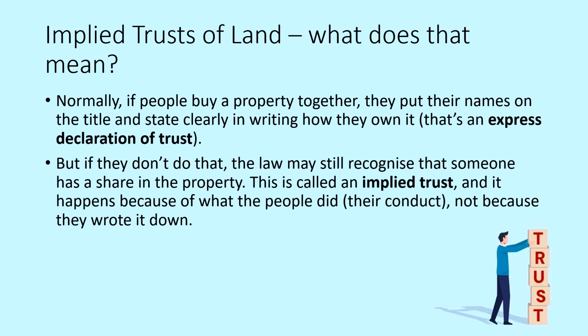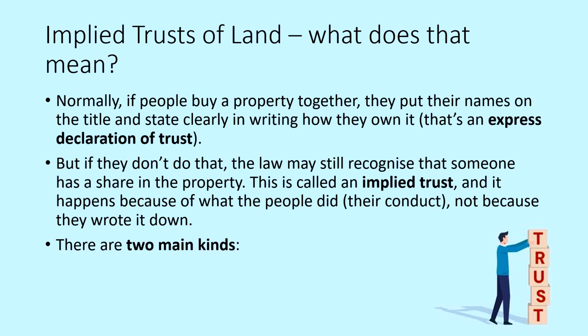It's all a bit unclear who owns what. And so in that case, there might still be an implied trust, which arises from conduct, how the people behaved, that kind of thing, rather than anything that's been written down.